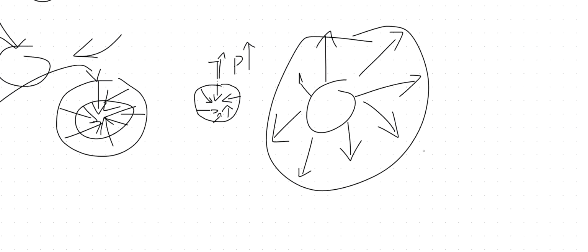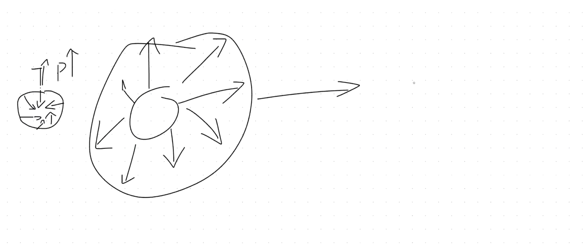So what happens actually is that after it reaches the end of the red giant stage, it will do something like a planetary nebula.